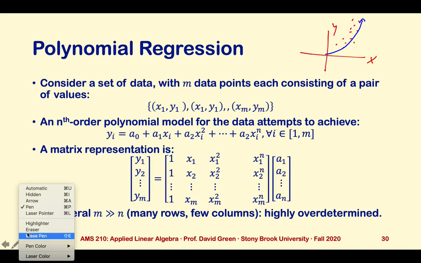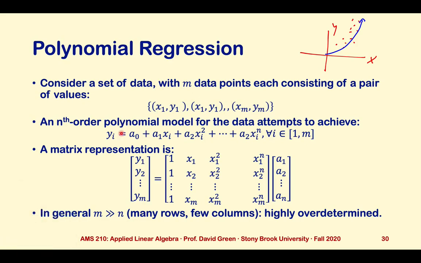A model for this data, if the fit was perfect, if we could perfectly fit the data with a quadratic model, what we would hope to satisfy is that for every one of these pairs x, y, the y would be expressed as a polynomial: a0, a constant, plus a1 times the x variable plus a2 times the x variable squared, and so on to whatever degree.